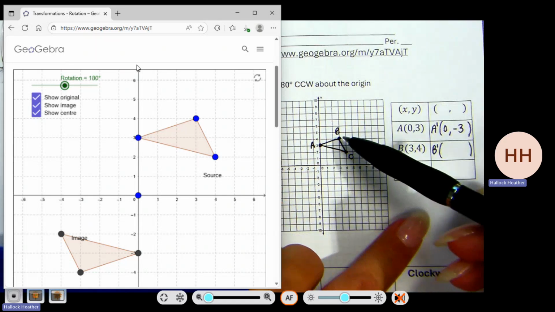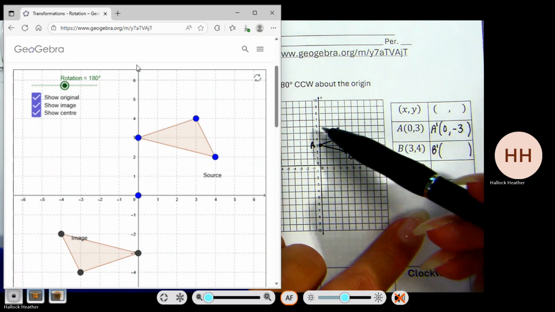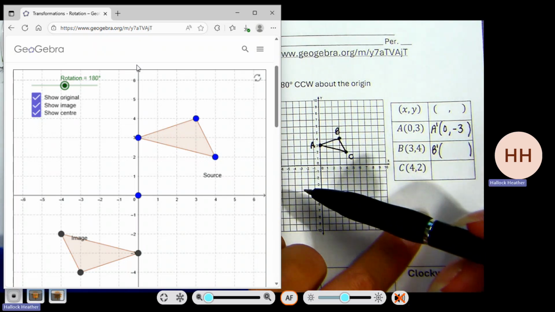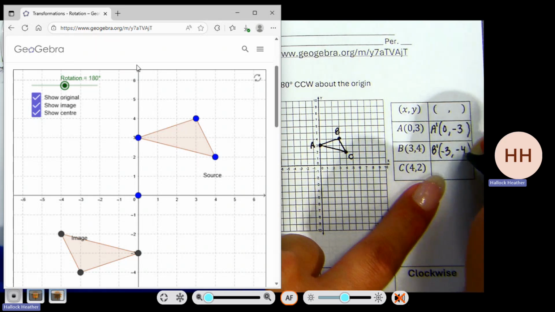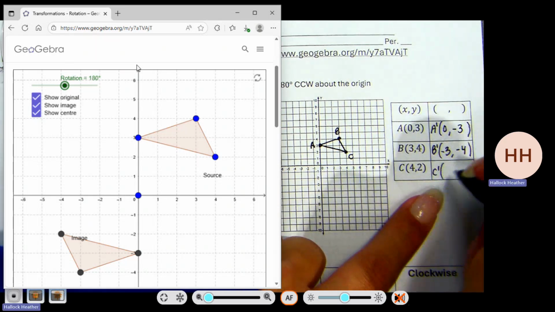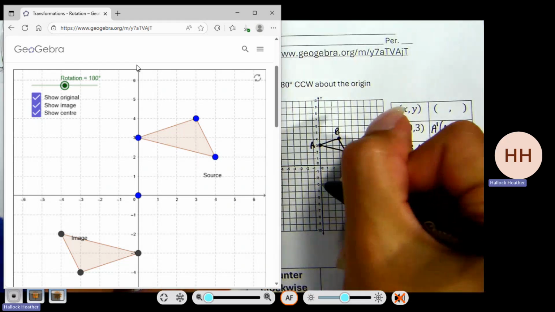B prime was up here. Where is it now? Where is it? -3, -4. And then C prime? Perfect. -4, -2.